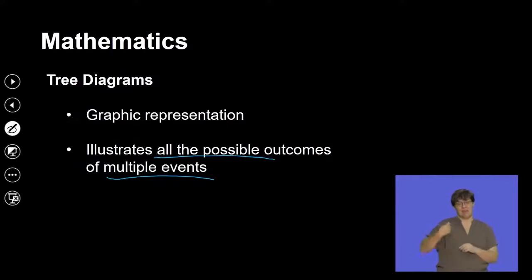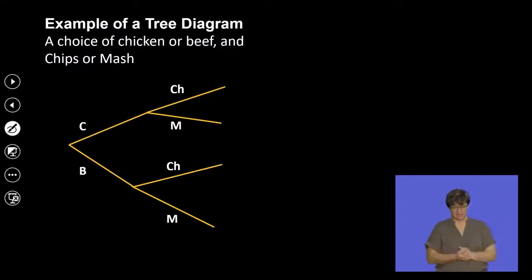Let's have a look at an example. So if you are given the famous choice at a restaurant of chicken or beef, and then on top of that, chips or mash, we can represent all the possibilities in this tree diagram. We start off at a point and we draw a line.